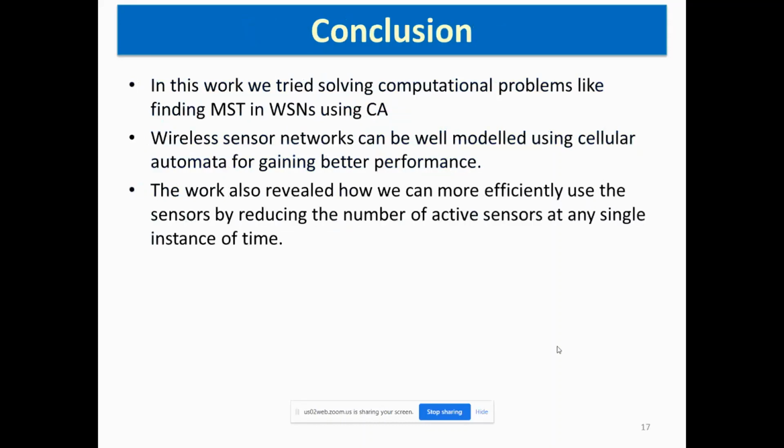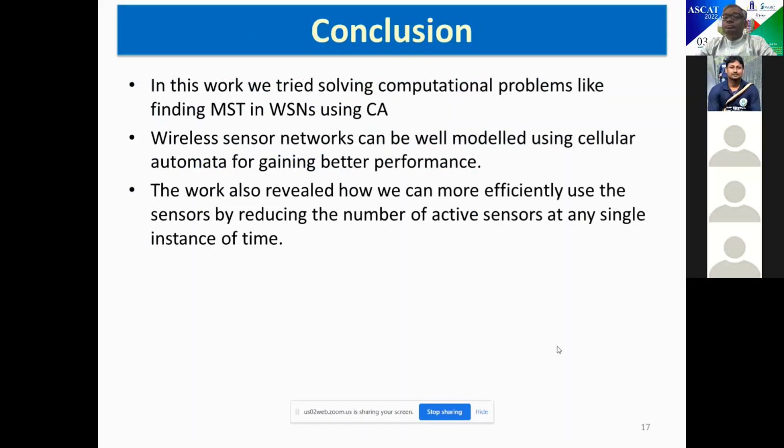And as a conclusion, we are able to understand how we can use cellular automata algorithms in practical computational problems like in wireless sensor networks, for one of the most common computational problems like MST, nothing more common than MST.